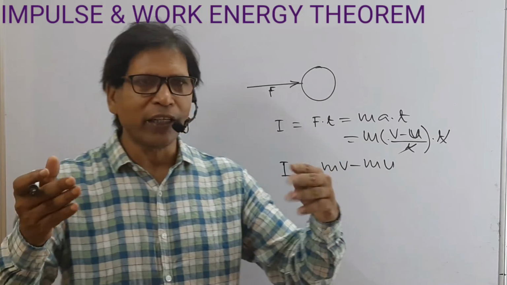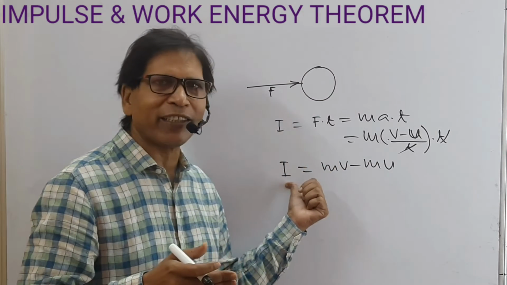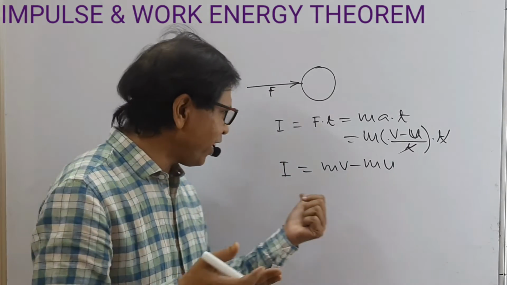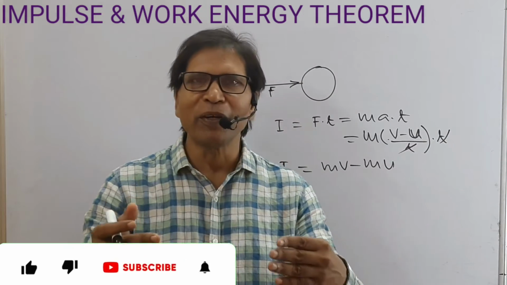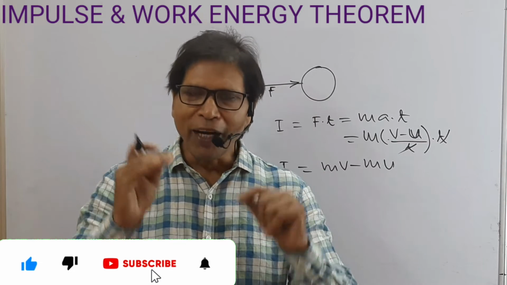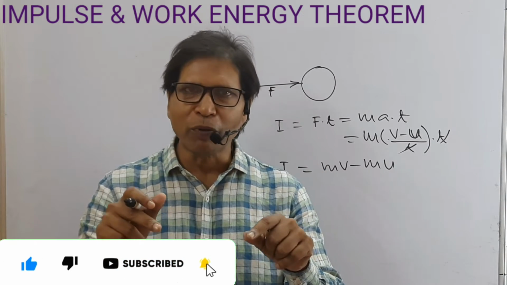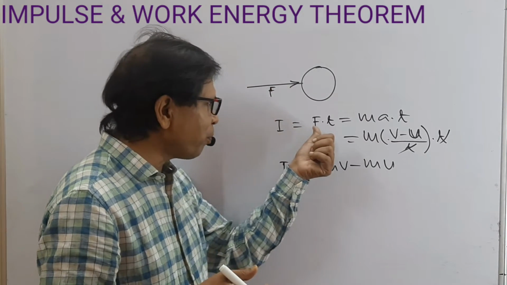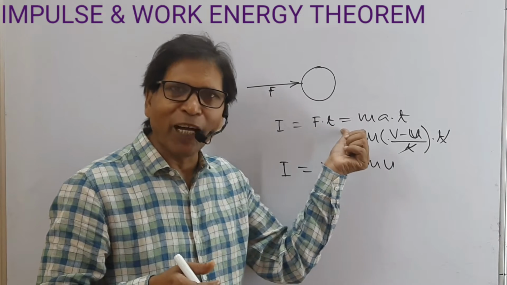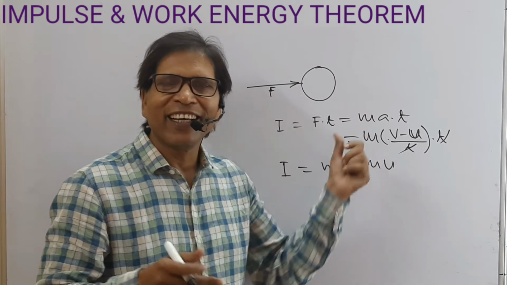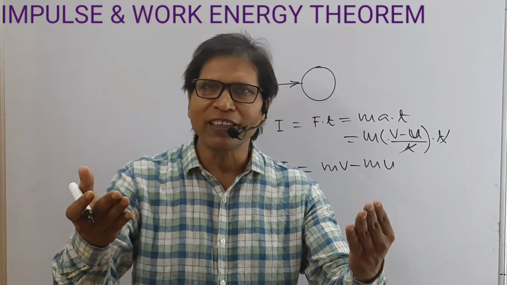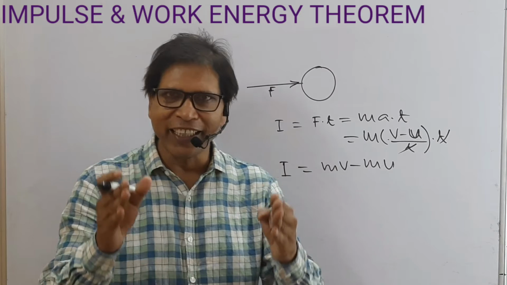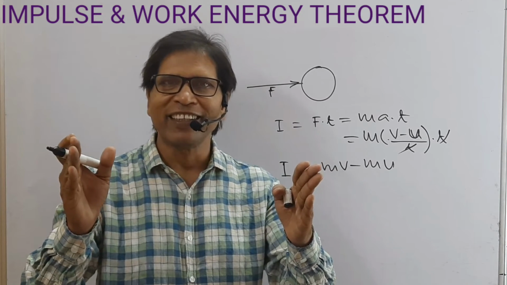Now, the difference between impulsive force and impulse. Impulsive force is the cause of impulse and impulse is the effect of impulsive force. Impulsive force is a large force acting for a very short interval of time, but impulse is the product of force and time of action. The unit of impulsive force is the Newton, whereas the unit of impulse is kg meter per second.